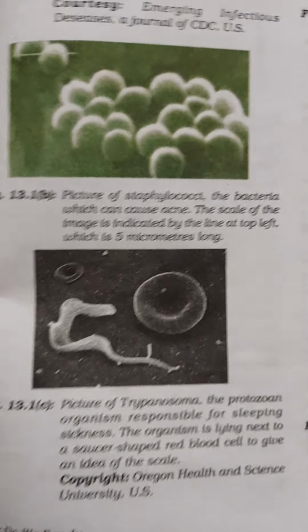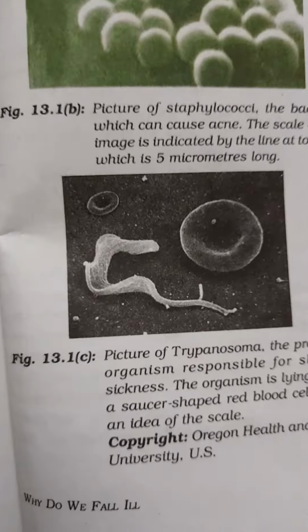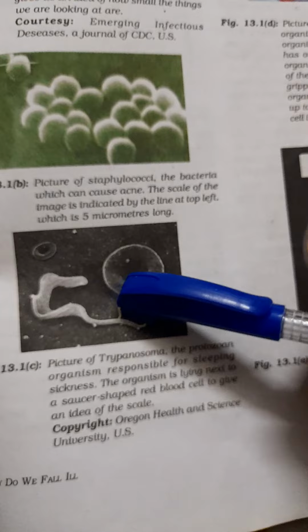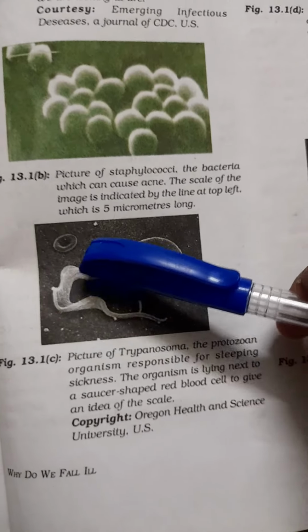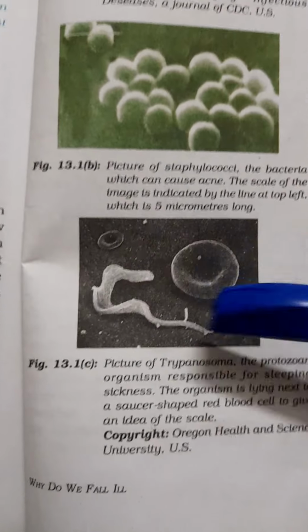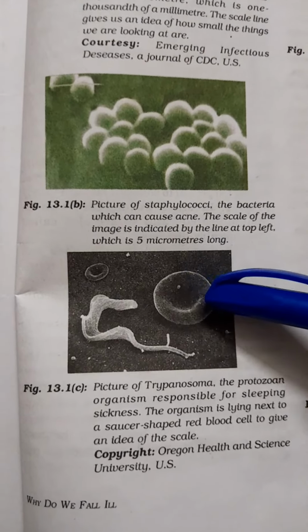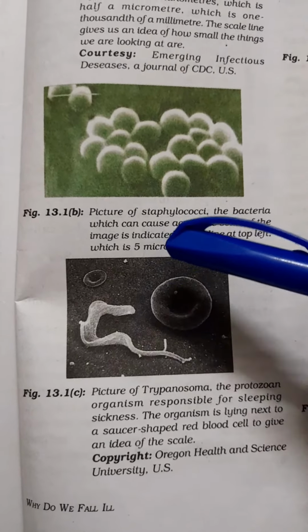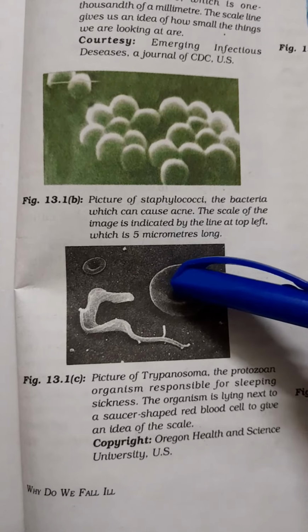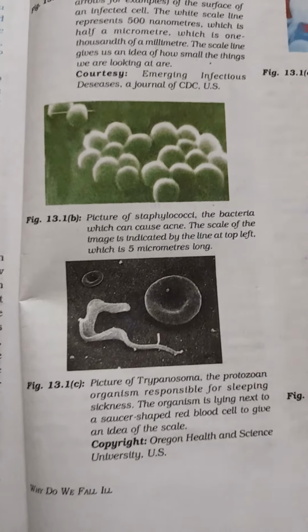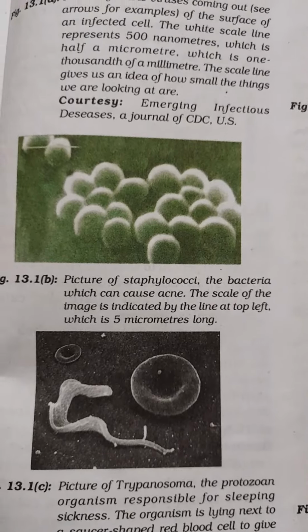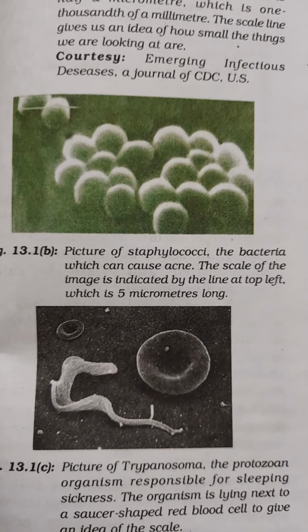This is a saucer shaped red blood cell, and the organism is lying next to this. This is to give an idea to compare the size of an RBC, red blood cell, and the protozoan. This is Staphylococci, which is a bacteria.